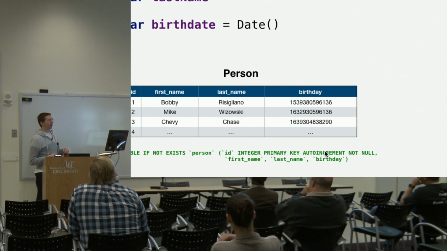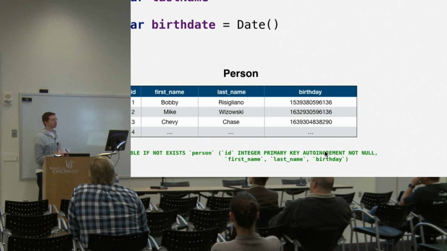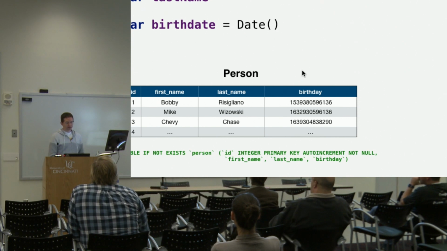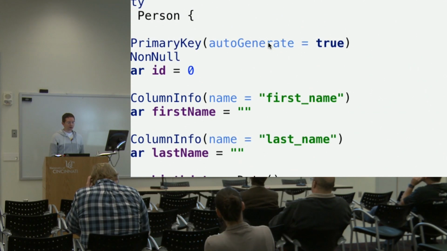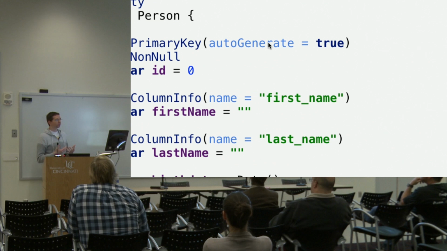So I should also say that recently, within the last 6 months or so, I was involved with a project that was already using Room. And there were a lot of surprises, I think, to the team when I came in and saw some of these things. It was kind of nebulous how auto-generate actually worked. They thought there was some magical thing that Room was doing to auto-generate this key.